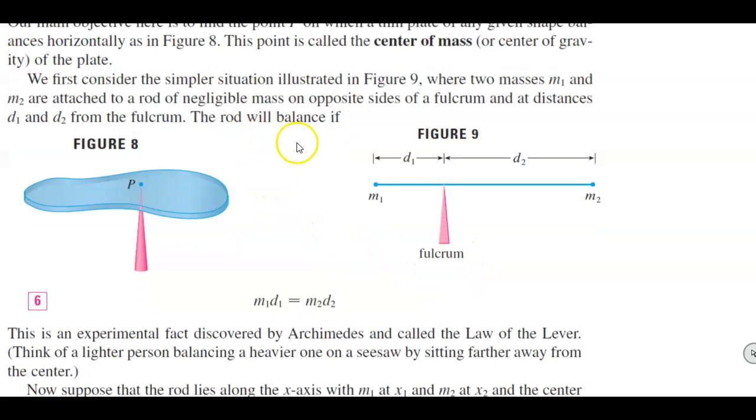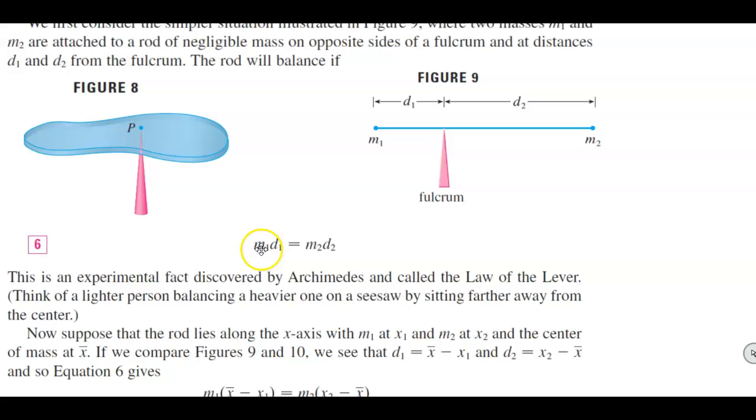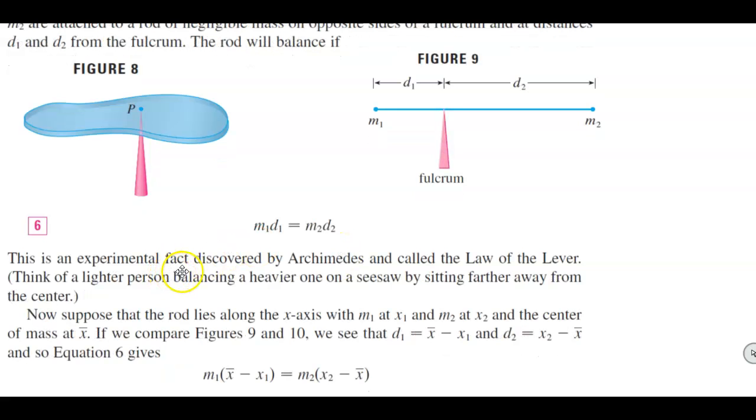So the rod will balance if we have the mass 1 times the distance 1, which is equal to the mass 2 times distance 2. This is an experimental fact discovered by Archimedes and called the law of the lever. Think of a lighter person balancing a heavier one on a seesaw by sitting farther away from the center.